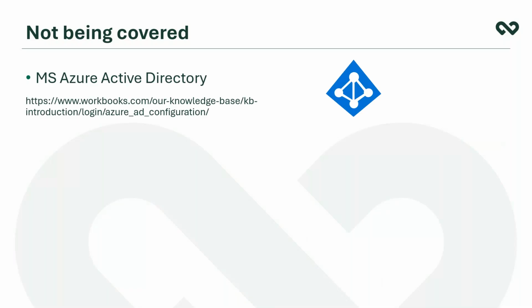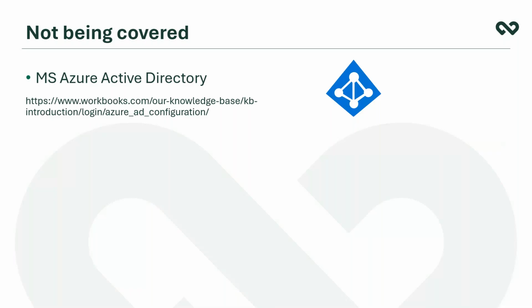There are a couple of things that I won't be covering today, though I will be mentioning them. If you're using Microsoft Azure Active Directory, you'll have the ability to allow users to sign into Workbooks without needing to provide a username and password, giving you greater control and security.